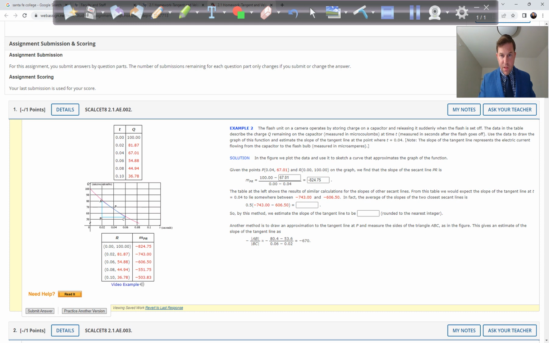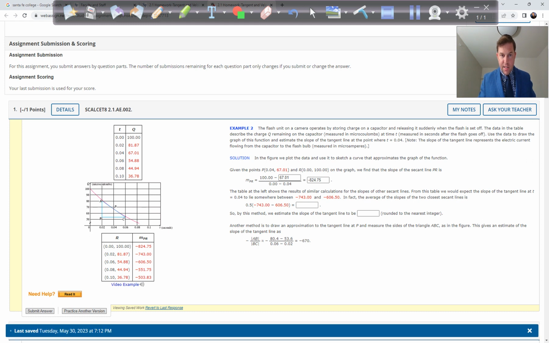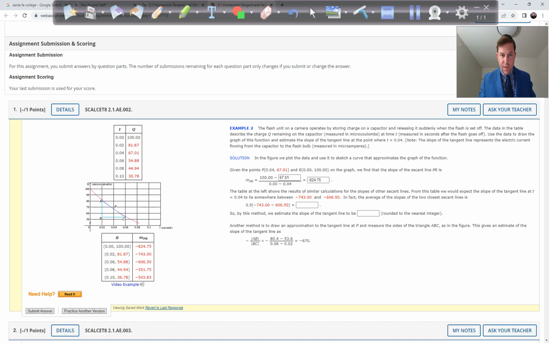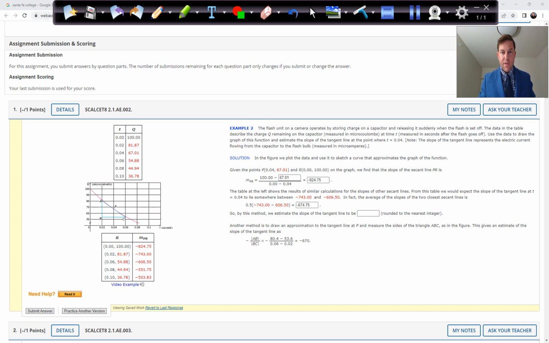Then it says the table at the left shows the results of similar calculations for the slopes of secant lines. From this table, we would expect the slope of the tangent line at t to lie somewhere between negative 743 and negative 606.150. In fact, the average of the slopes of the two closest secant lines is, so what they're doing is adding two of these slopes and dividing by 2, or multiplying by 1/2, and you should get negative 674.75.